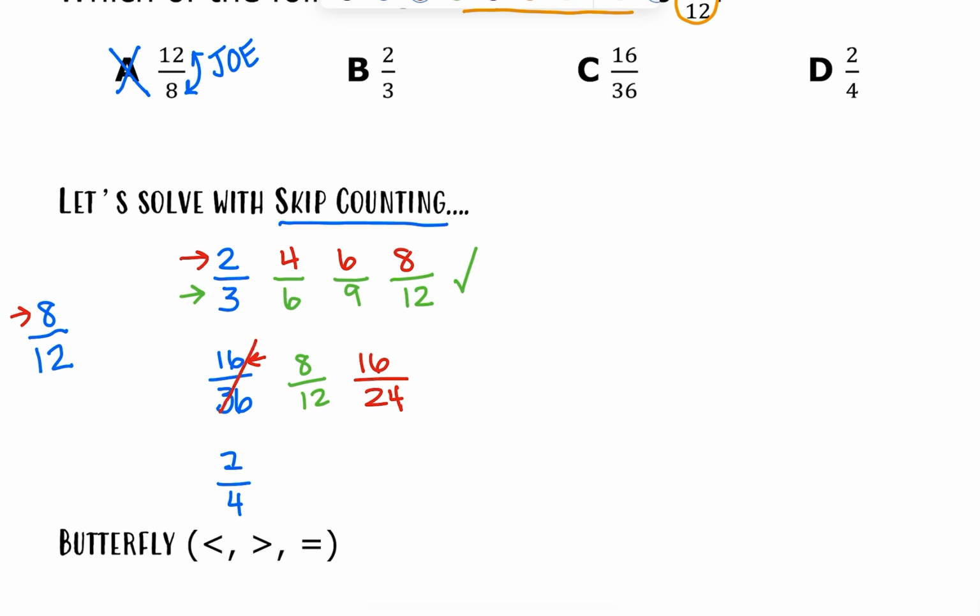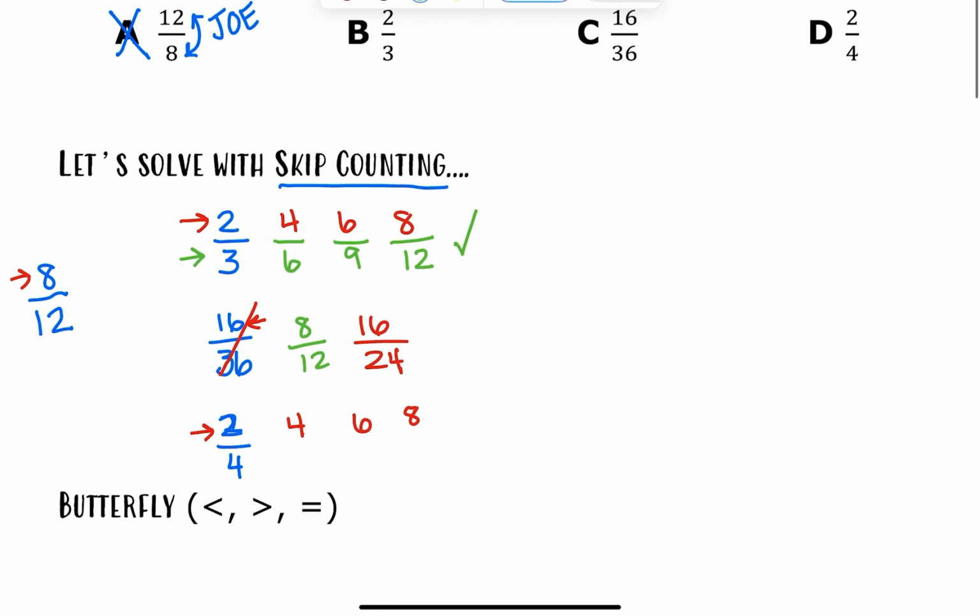Okay, and then we have a 2 over 4. Again, if we were going to skip count on the top, we would skip count by 2s until we get to 8. So 2, 4, 6, 8. And again, we want to get to 8 because that's the top of my fraction over here. And then let's skip count that bottom number. On this one, we're counting by 4s.